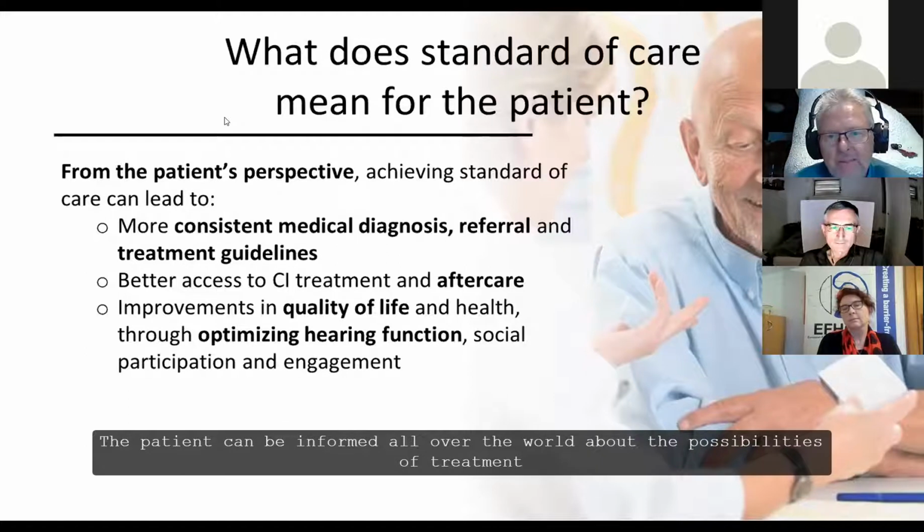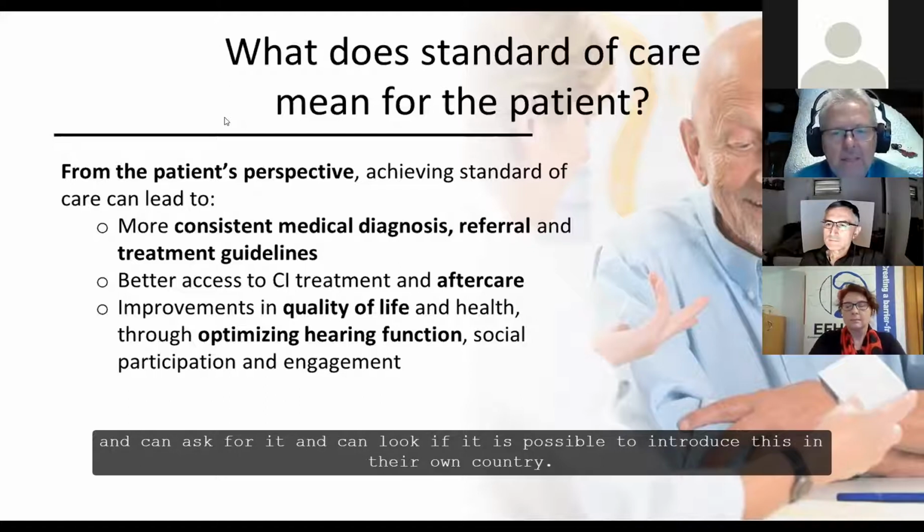So the patient can inform themselves all over the world about the possibilities and the treatments, can ask for it, and can look at whether it's possible to introduce this in their own country.